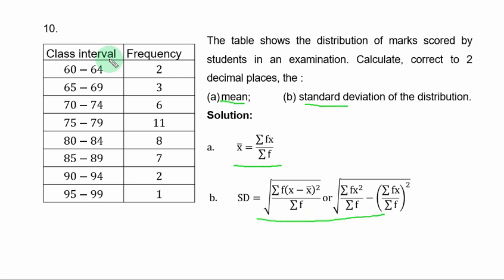That gives S, and it is simply the average of each class interval. That is 60 plus 64 divided by 2 gives the first class mark or midpoint, and so on.